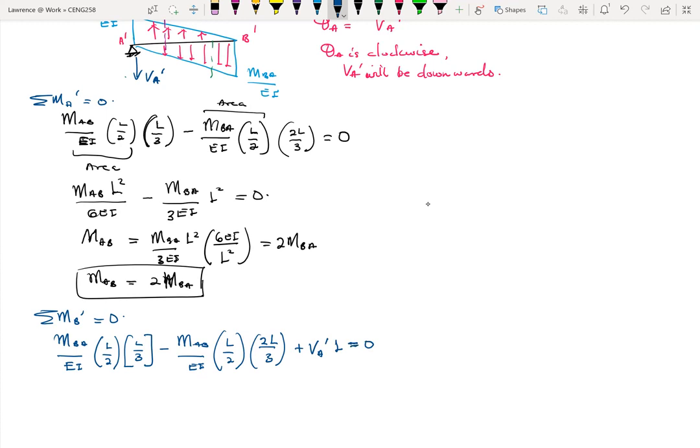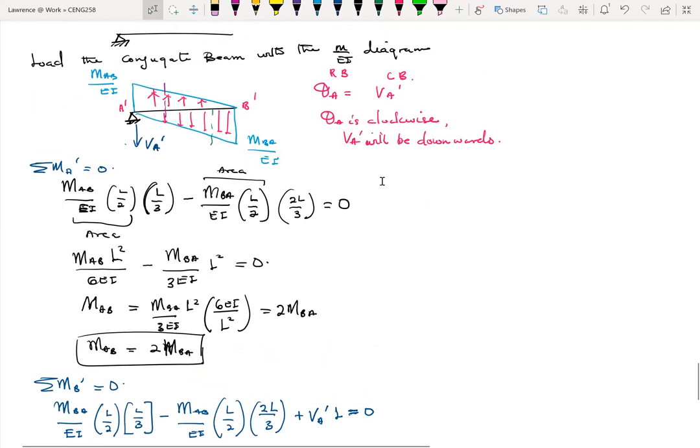Okay. We're taking moment about B, all right. So with the moment about B, it's about this very point. So the top triangle load and then the bottom triangle load. We first start with the bottom triangle load, MB over EI, L over 2, L over 3.